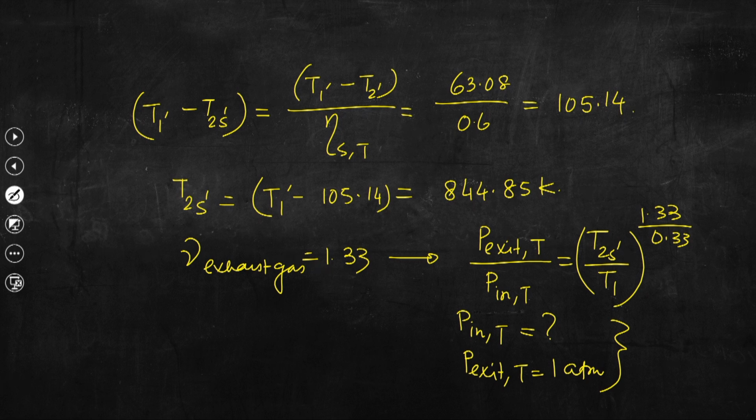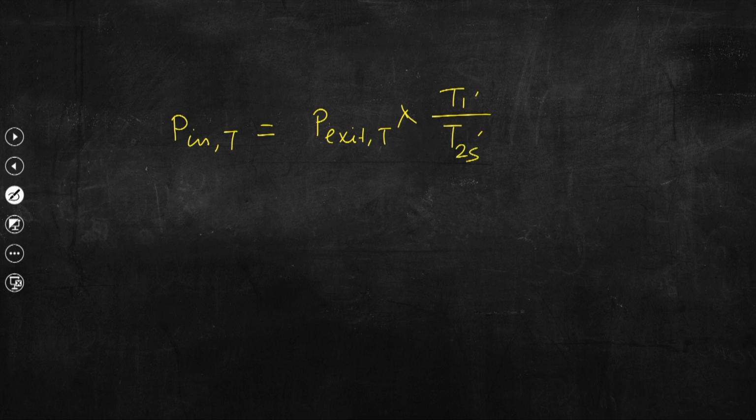We know T2s, we know T1. So, finally, if we calculate, we will get P in turbine equal to P exit turbine into T1 prime by T2s prime, to the power 1.33 divided by 0.33, and it is coming as 1.58 atmospheric pressure.